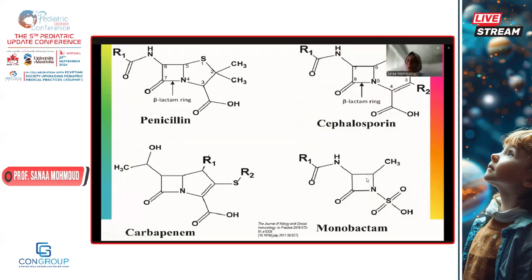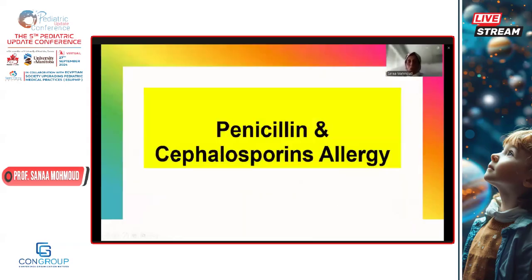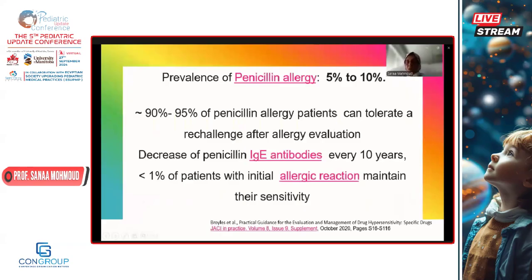The carbapenems and the monobactams are relatively safer when you have a penicillin or cephalosporin allergy. Penicillin allergy is important, and it's reported in almost 10%, but 90% of them can tolerate it after a certain time.